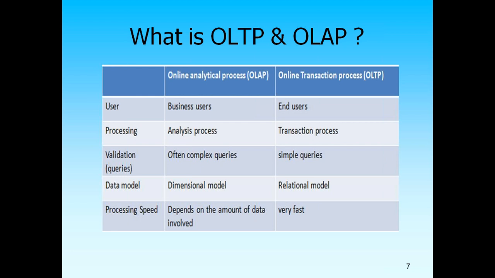Huge amount in the sense it can be terabytes or zettabytes, not less than gigabytes. When we write a query against that database, it will take time to give you the results. That is the reason it takes some time to get the result in the OLAP database.